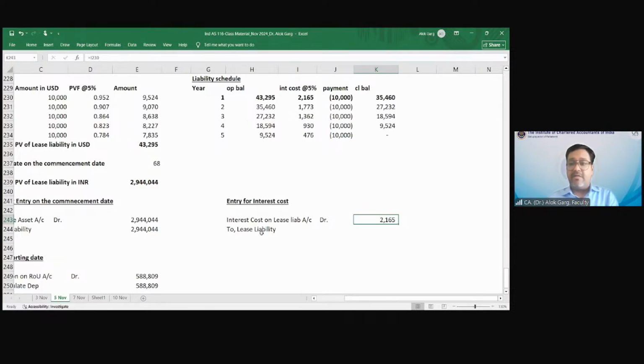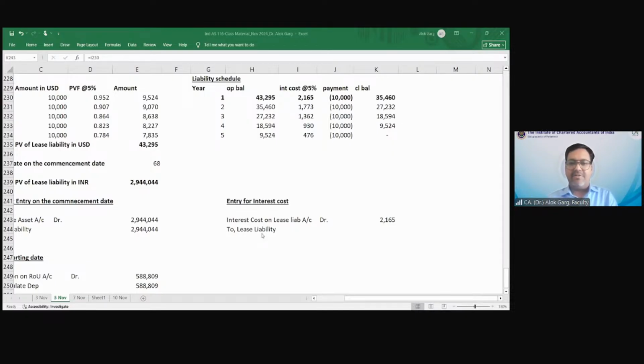Commencement date rate was 68, average rate was 69, closing rate was 70. At what rate should I convert? Average rate. Yes. Expense, it is throughout the year. It is not only closing interest. It is throughout the period interest, right? So interest has to be converted at average rate.